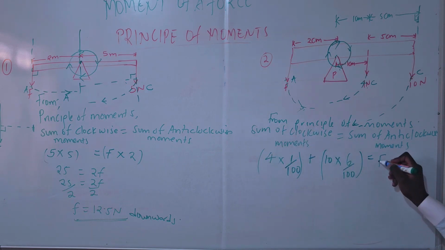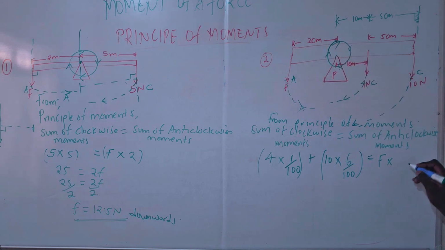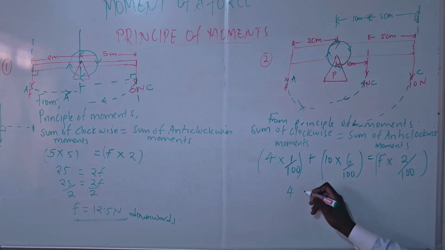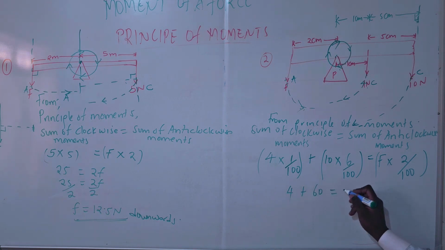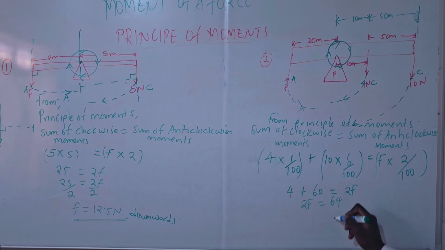Anti-clockwise, that is F times the perpendicular distance from the turning point, that is 2 over 100. So the hundreds are going to cancel out: 4 plus 60 is equal to 2F. So 2F is equal to 64 and F becomes 32 newtons downwards.